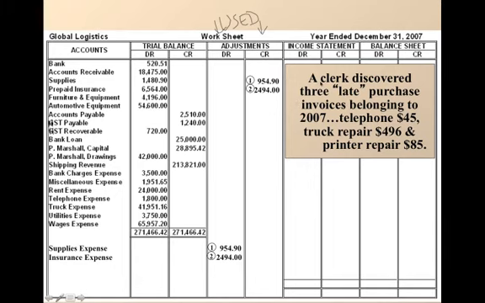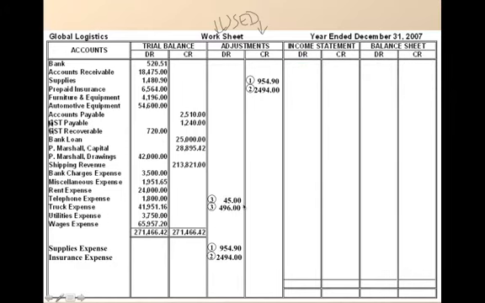And the third one here, a clerk discovered 3 late purchase invoices belonging to 2007, which this worksheet is completed for. So now we're going into 2008. So we want to make sure these late invoices that came in 2008 get put in this fiscal year. So we're going to have telephone expense and truck expense here. So there's telephone, there's truck, and we owe the money because this is an adjustment.